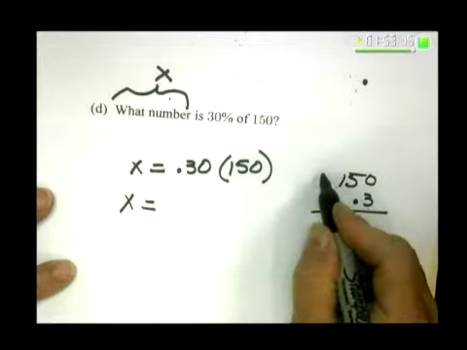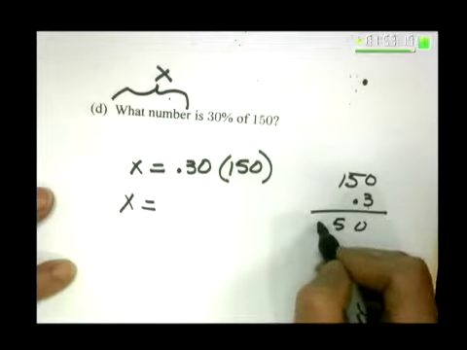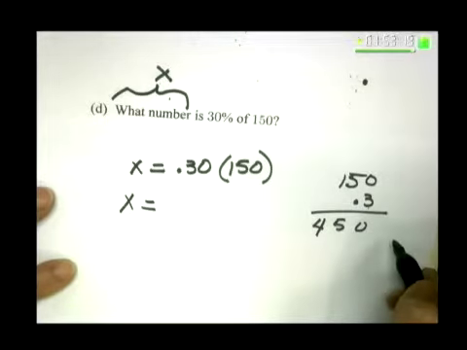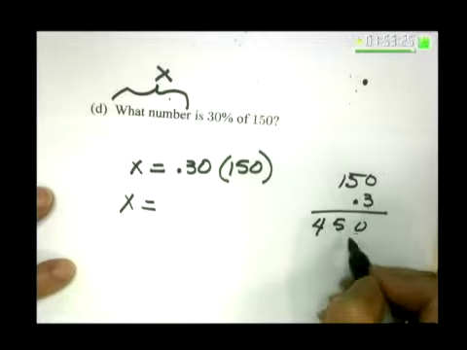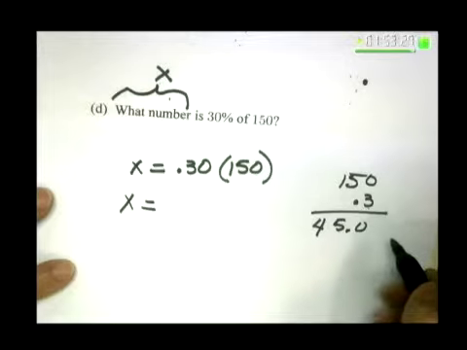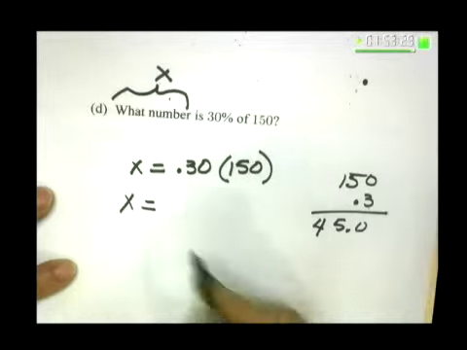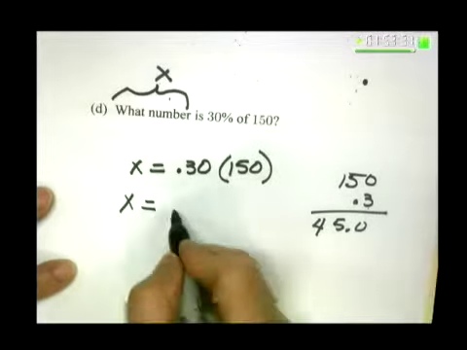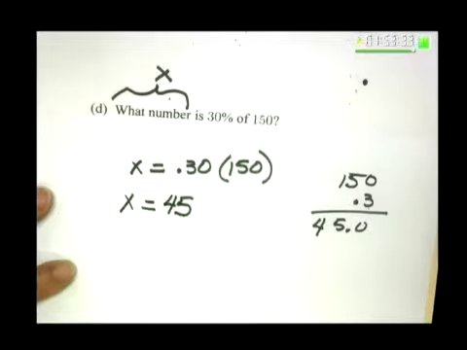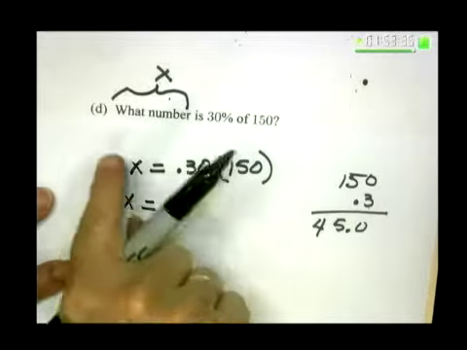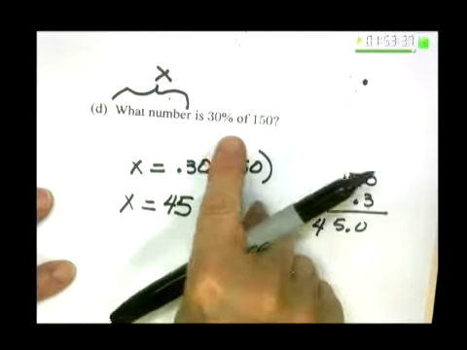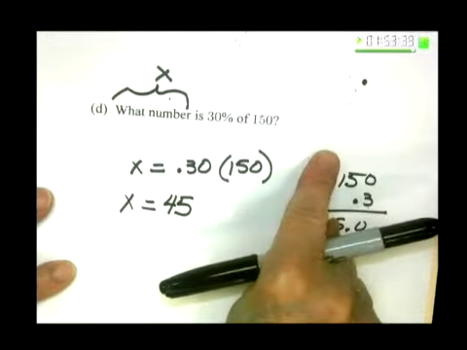Carry your 1. 3 times 1 is 3, plus 1 is 4. And when you're multiplying, you have to count the number of decimal places after the decimal point. There is 1 decimal place. So my answer is 45.0, or just 45. So I'm saying 45 is 30% of 150.